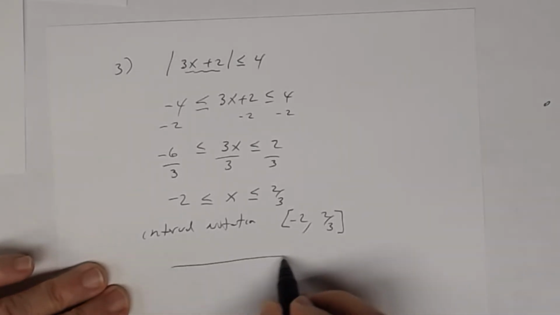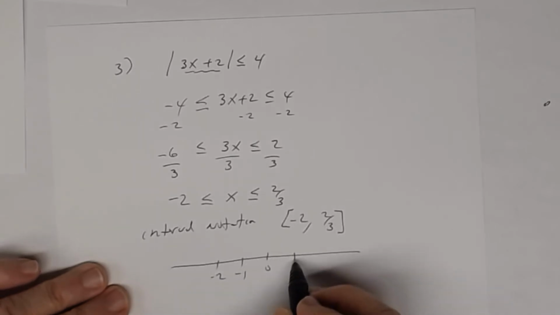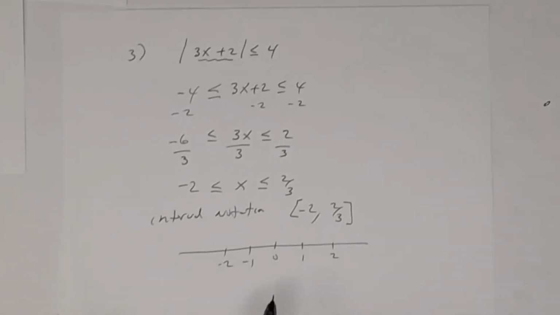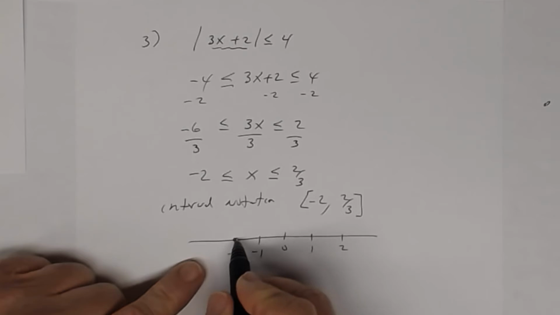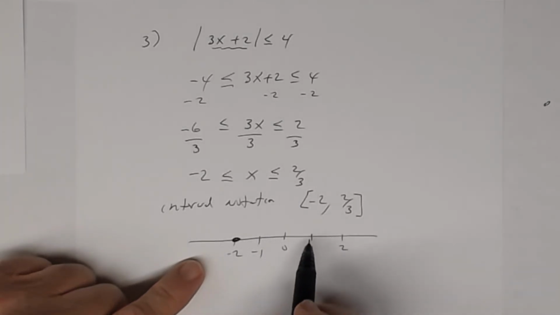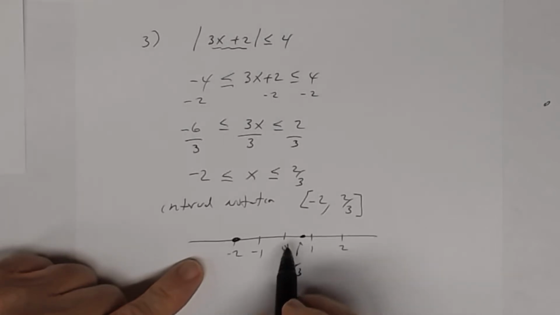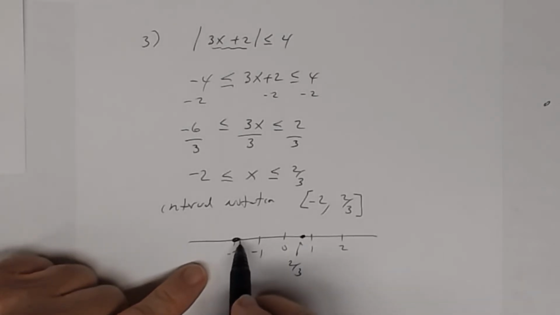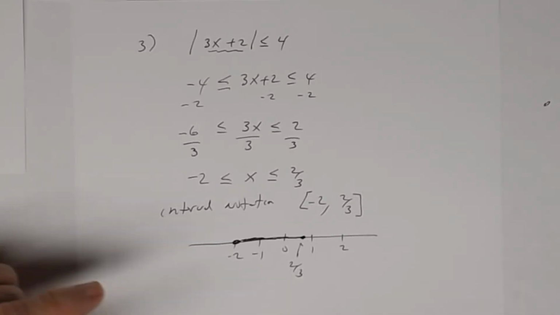If you were to graph this, you'd put a closed circle on negative 2 because of the bracket, because of the equal sign, and then you estimate where 2/3 is. 2/3 is between 0 and 1, but it's closer to 1, right? So let's put the closed circle here. This is going to represent 2/3, closed circle. And so we shade in everything between them. Okay? All right, so that's number 3.